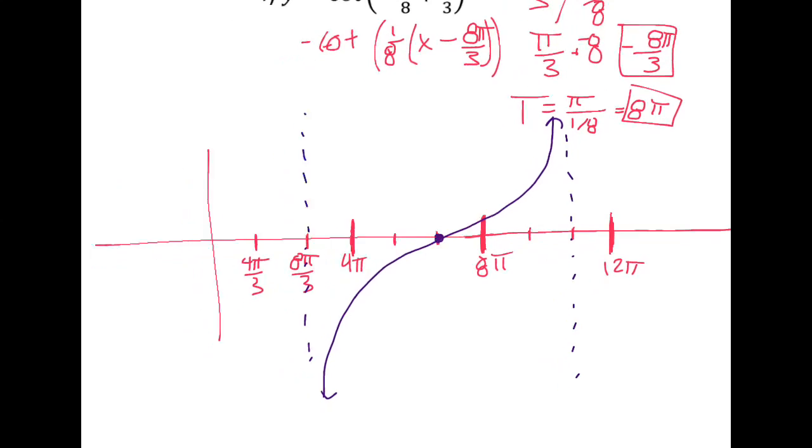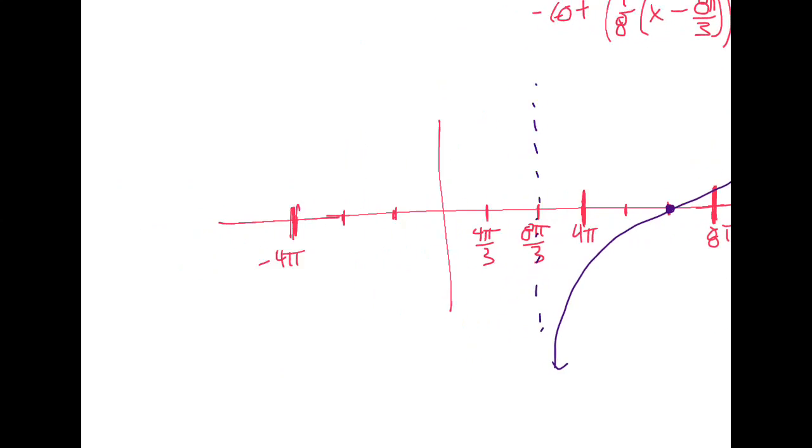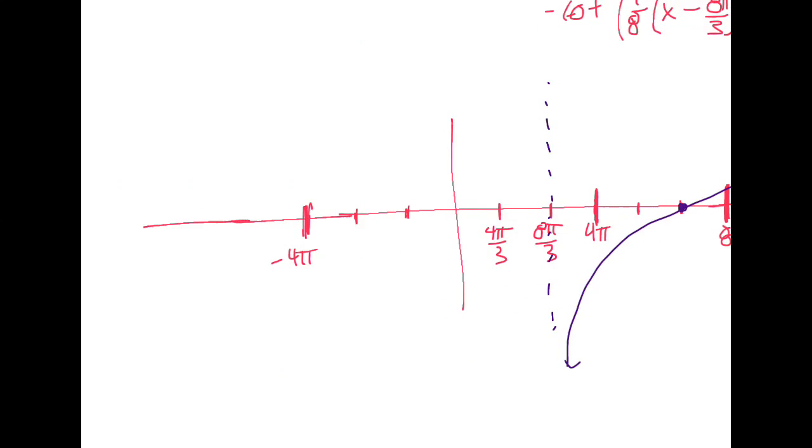Let's draw one more. Let's go to the left just for fun and just because we can. So I'm going to extend these out. I'll label this as negative 4 pi. And then split these tick marks up again, just like we've already done. Because now I need to label a little bit more.